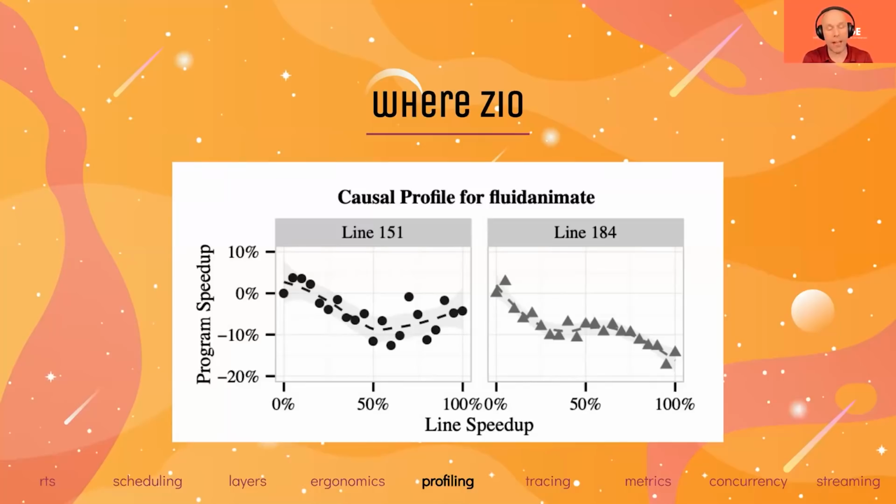Then it measures the total amount of time spent executing, and it sees that if we slow down this line of code, it had no effect on the runtime. If we slow down this line of code, it had a massive effect. So clearly this is the one we need to optimize. So it finds performance bottlenecks in that fashion.